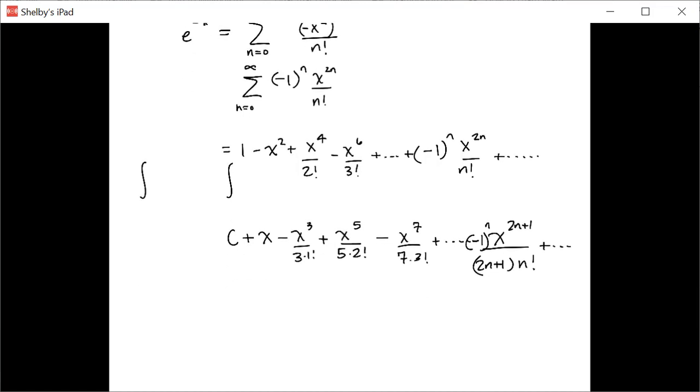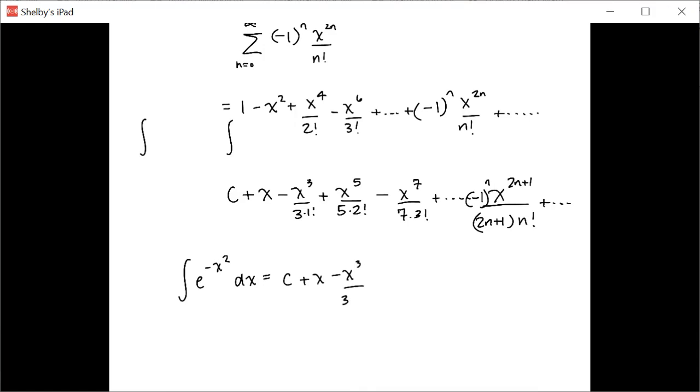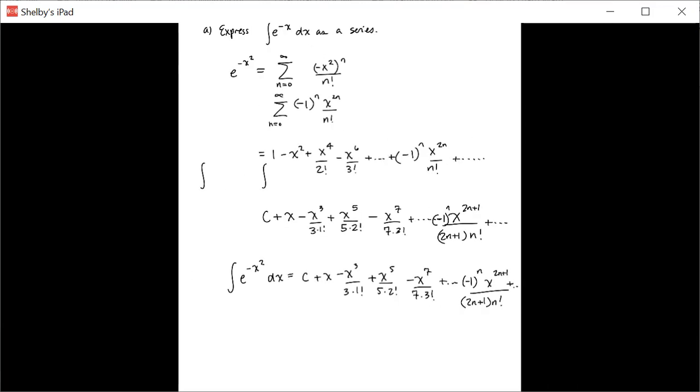So in general, e to the negative x squared is equal to this expansion. Okay, we could use sigma notation if we wanted to.